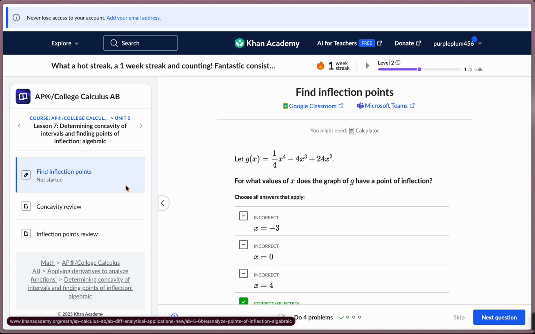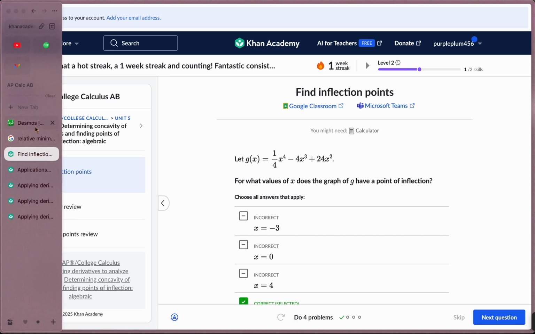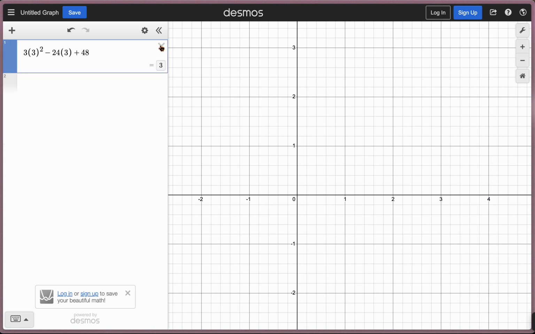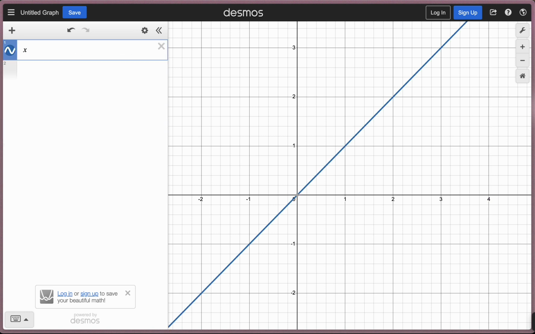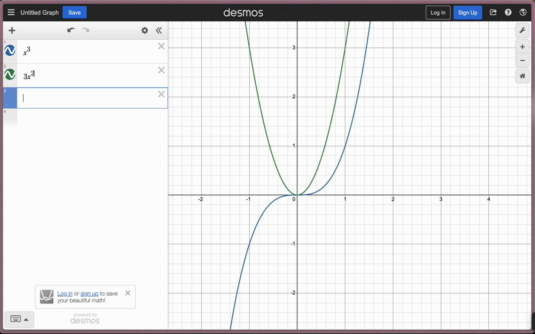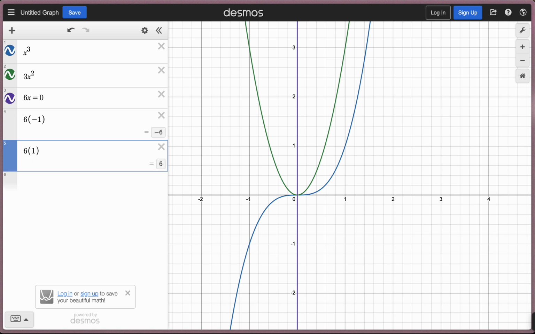Okay, so if we had a function like, let's say, x cubed, and we take the first derivative and the second derivative, we would find that equal to 0, and then we'd keep testing it out. 6 times -1, that's -6. 6 times +1, that's positive.